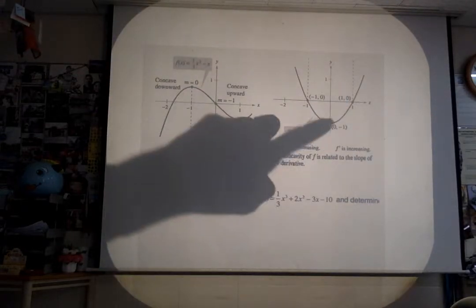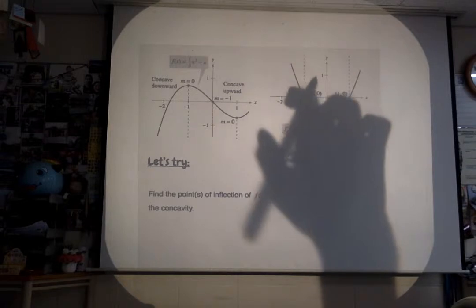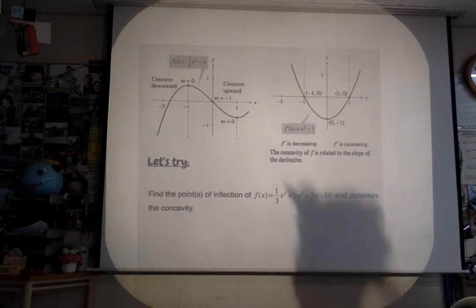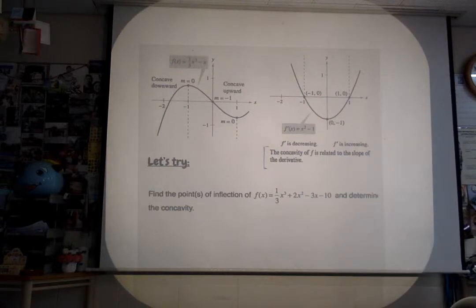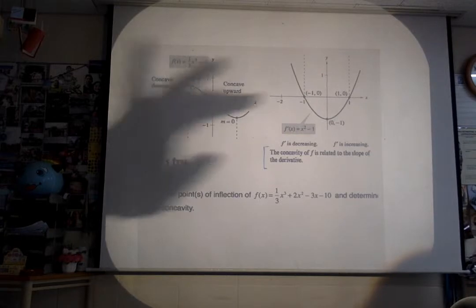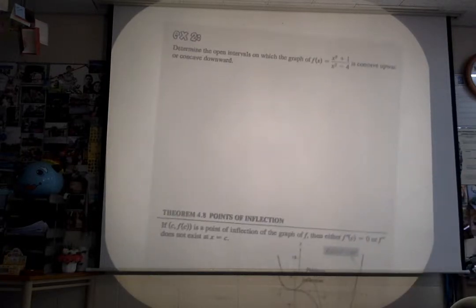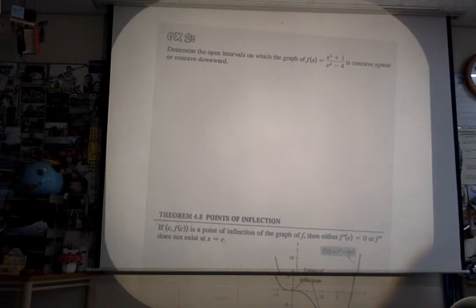And you can see something happens here. You see how here its concavity is downward and it's upward here. You can see the concavity of f is related to the slope of the derivative. We're going to put all that together. Right now, let's just try to understand what's happening, analyze them, stop the video. Before we try this one, let's try example 2 first, okay? Slow down the video and try to digest that, and read over your notes as you're working on this.